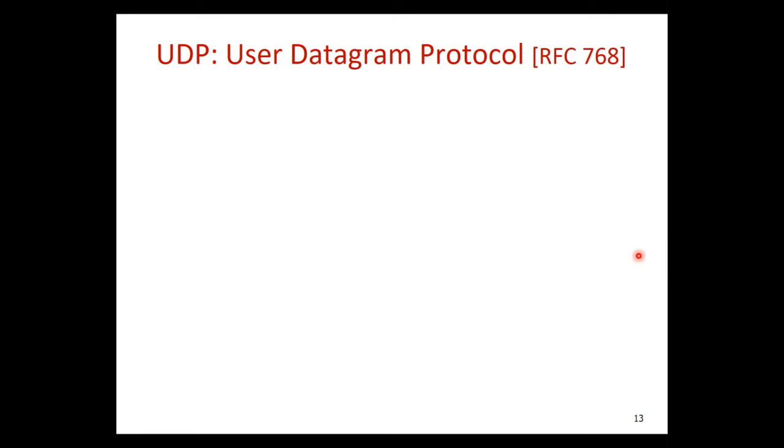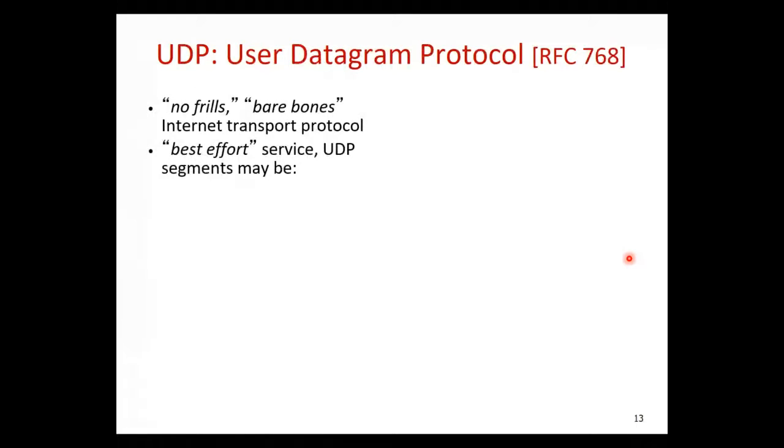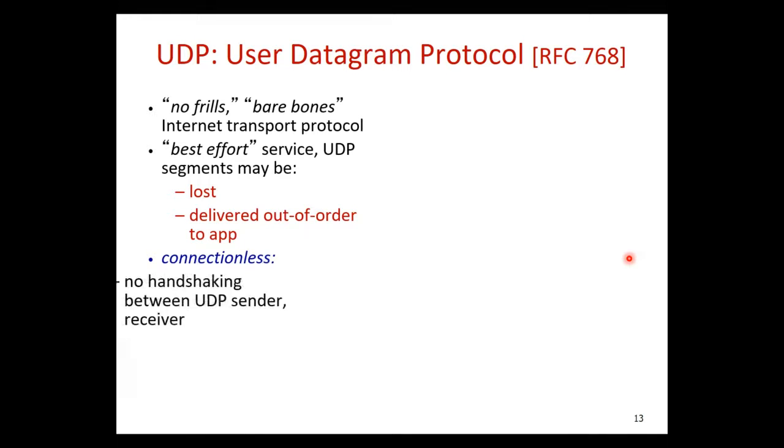Okay, so let's look at the UDP protocol, which is one of the 2 protocols at the transport layer. So UDP is really a bare bones protocol. It provides no guarantee. It's a best effort service, which means when you use UDP, your segments or packets, if you wish, can be lost, can be delivered out of order.